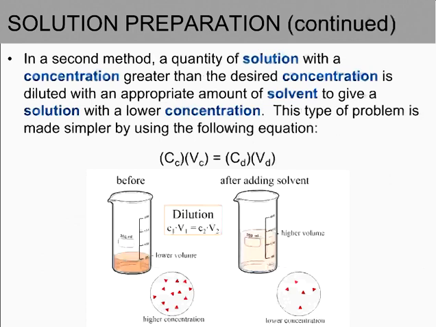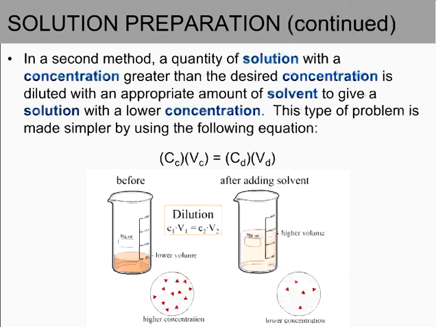Down below, we have an equation showing how you can calculate different things. Maybe you want to figure out what the concentration of your dilute solution is, or maybe you want to determine the volume that your dilute solution should be.